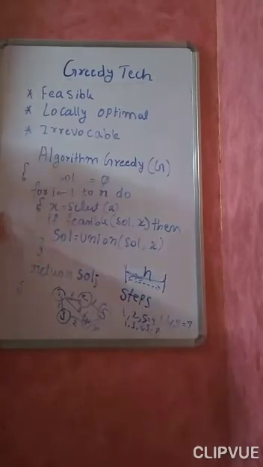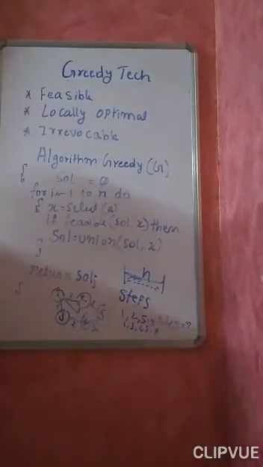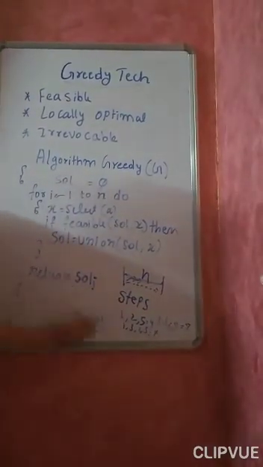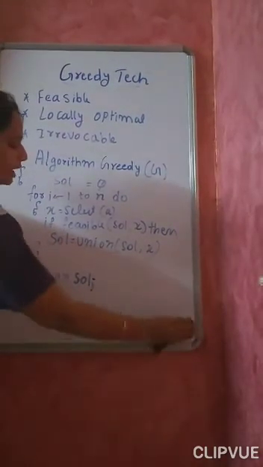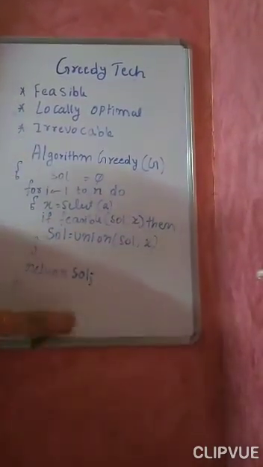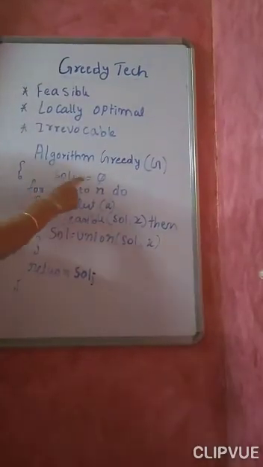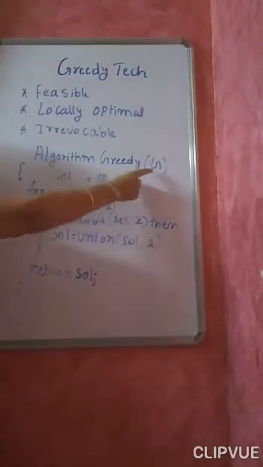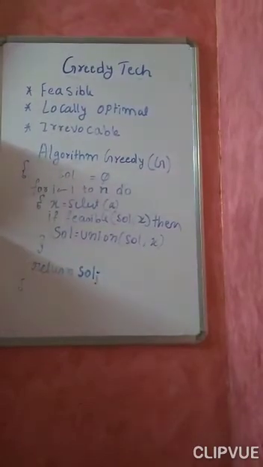Now this is a general algorithm for the greedy technique. It is not applied to a particular problem, it is a general algorithm. Initially the solution will be 0. In the algorithm Greedy, G is nothing but the graph which is the input.